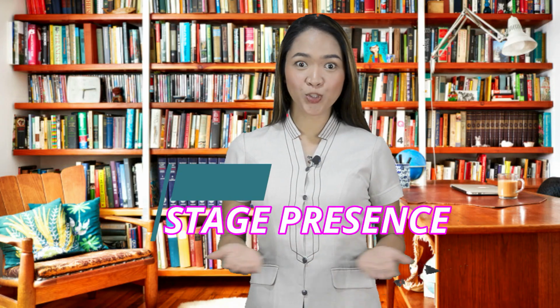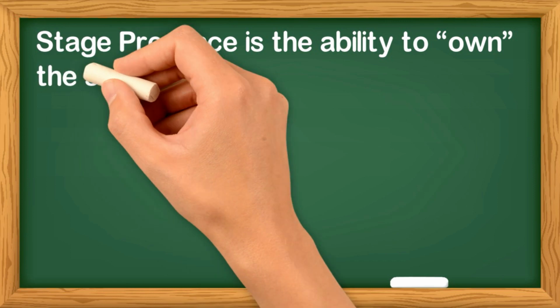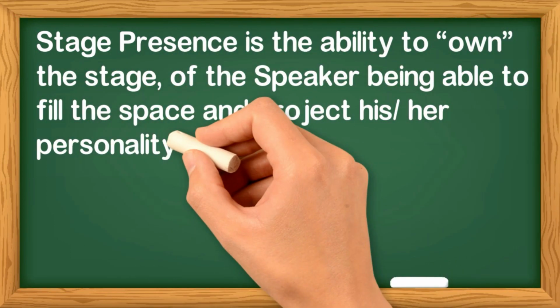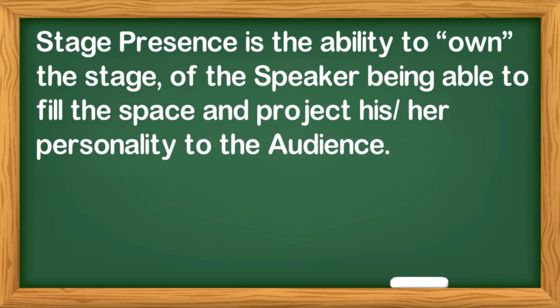The third principle is stage presence. Stage presence is the ability of the speaker to own the stage and be able to fill the space and project his or her personality to the audience.